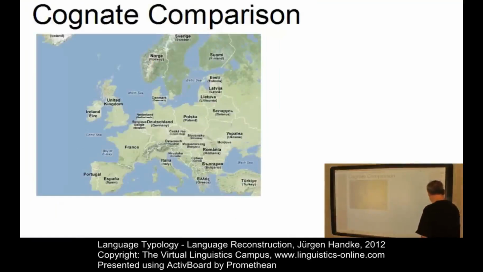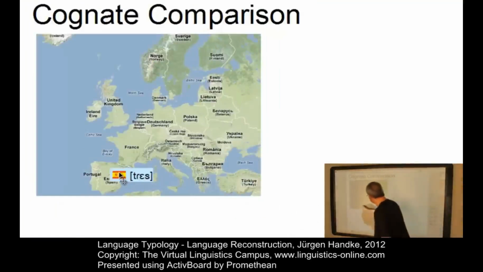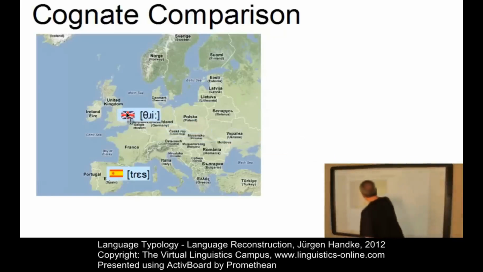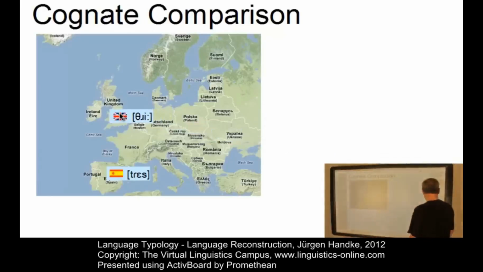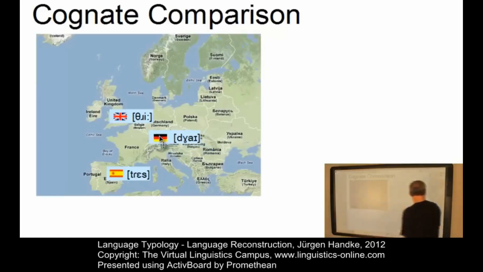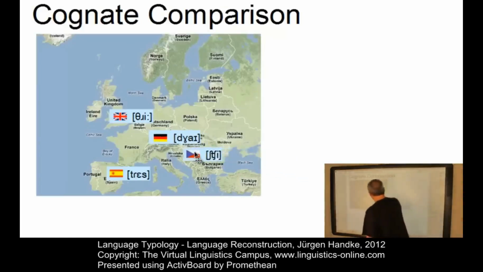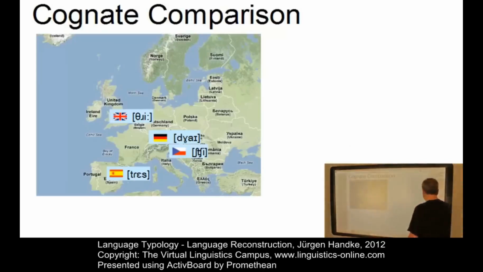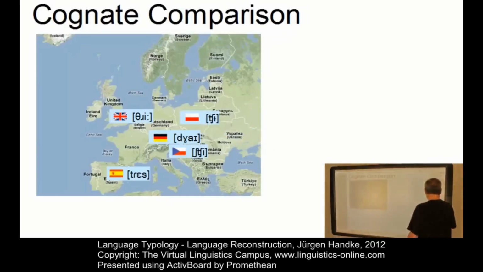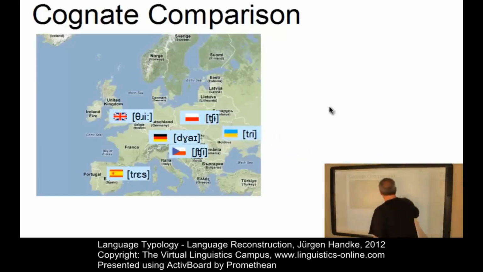In Spanish we have tres. In English, three. The German word for three was drei. In Czech we have, well, somewhere here, trzy. In Polish, trzy. And finally we heard the Ukrainian word for three.